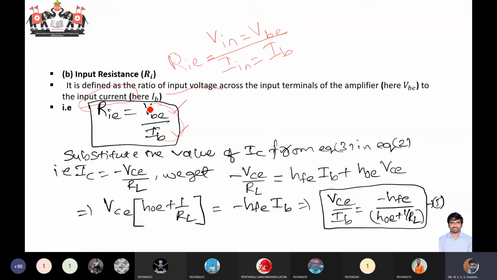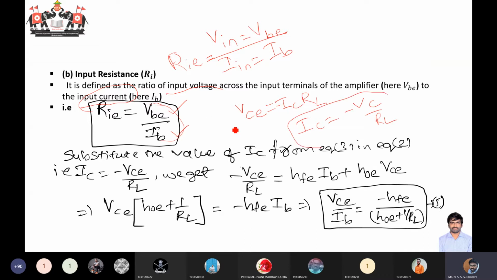Now again, what I'm going to do is substitute the value. Earlier we have replaced VC is equal to minus IC into RL. Now I will be writing IC as minus VC by RL.